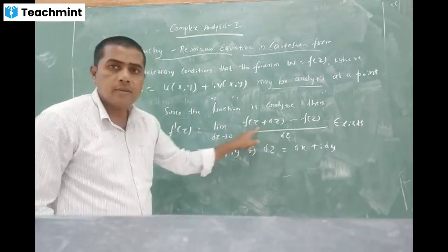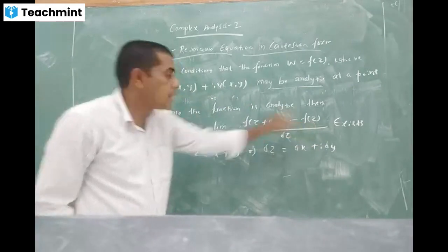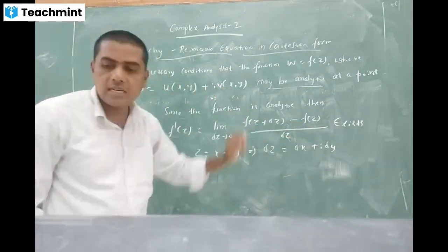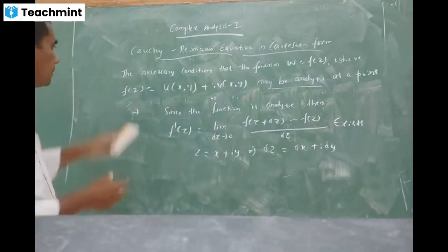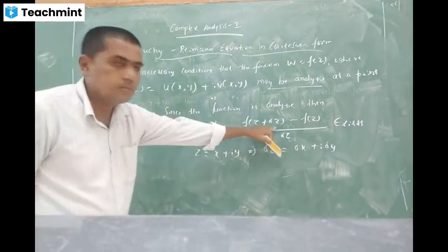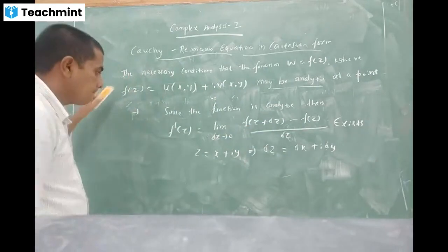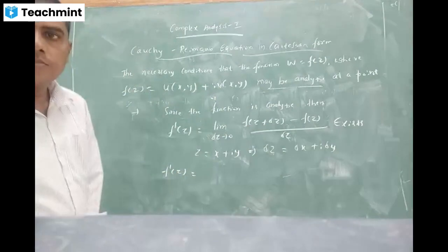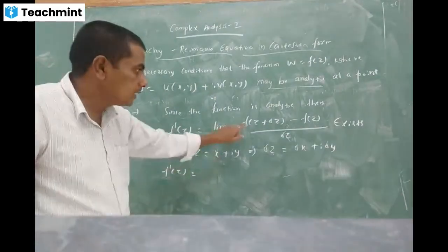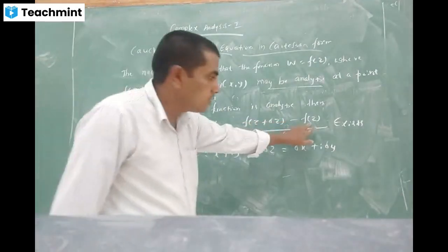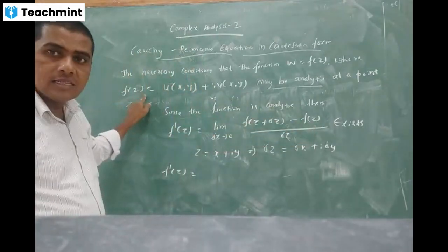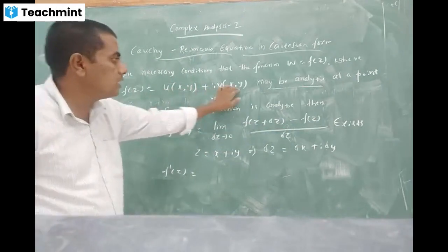Then what will this term become? F of z, I'm going to substitute u of x comma y plus i into v of x comma y. Then what is f of z plus delta z? Can you tell me? In place of f of z, it is given already in the statement, u of x comma y plus i into v of x comma y.